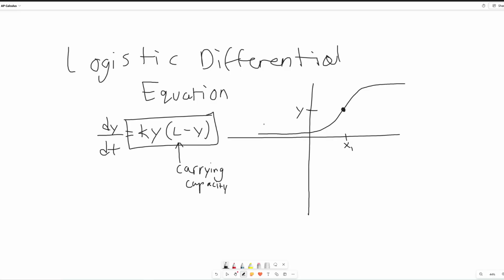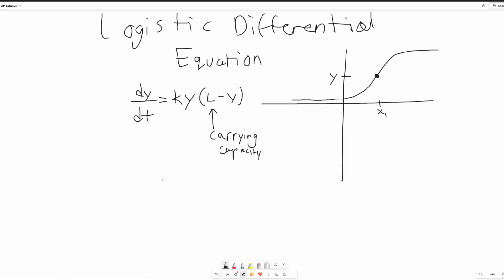You don't need your slope in terms of x, or in terms of t in this case. You have your slope in terms of y. So if your carrying capacity is 50, then you just do k times 25 times 50 minus 25, because half of 50 equals 25, and then when y is equal to 25, this increases at a maximum.